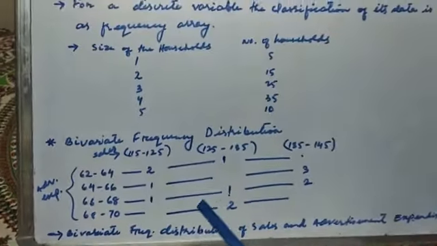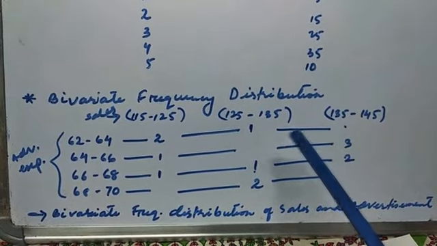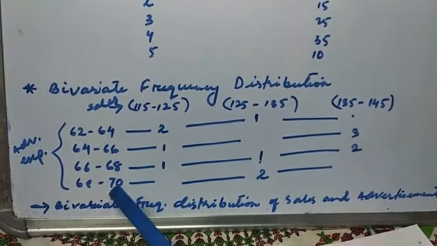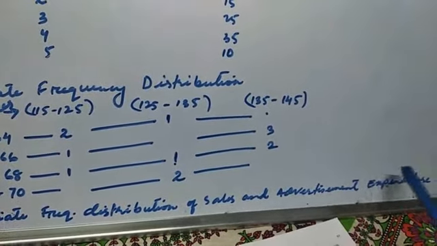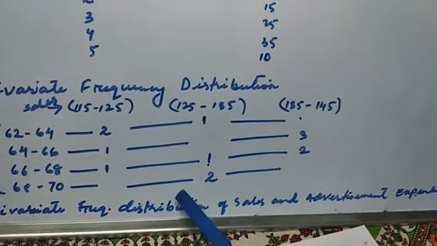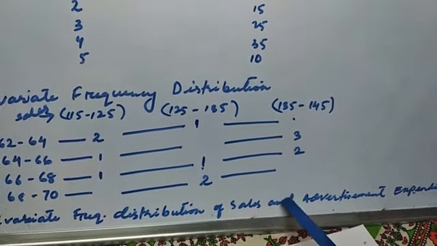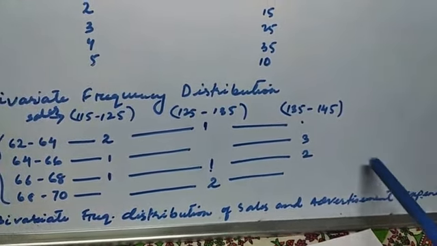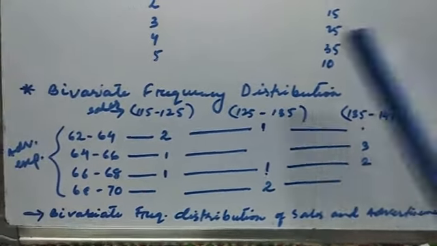By looking at this example, you will understand what a bivariate frequency distribution is. Here it is given as the bivariate frequency distribution of sales and advertisement expenditure in lakhs. The two variables are sales and advertisement expenditure.